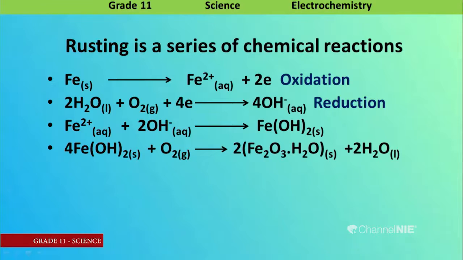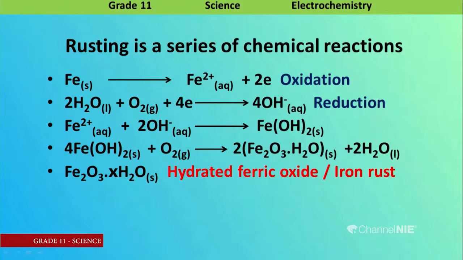That means this ferric oxide formed here has some water molecules bound to it. When some water molecules are bound to any chemical compound, children, it is called a hydrated chemical compound. Therefore, this is called hydrated ferric oxide. This is what we call iron rust. This is reddish brown in color, children. This is specially called hydrated ferric oxide or iron rust. This is what happens during rusting, children.